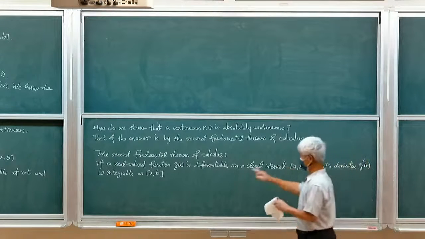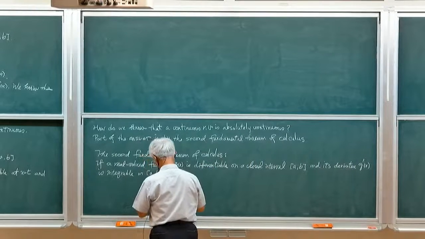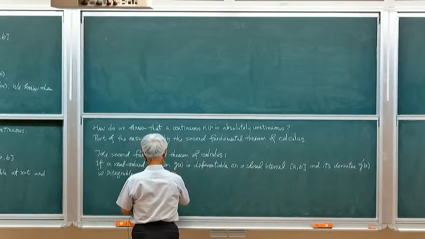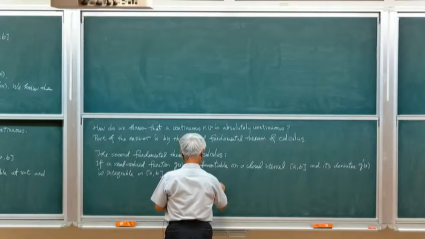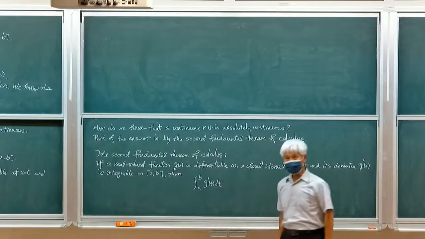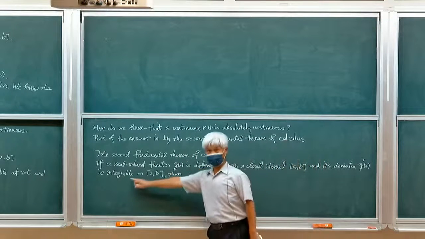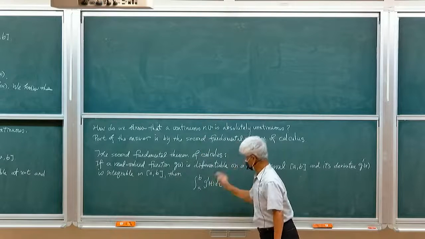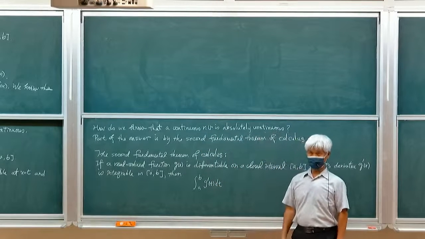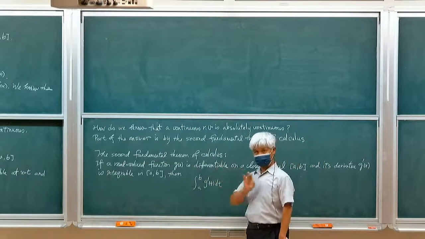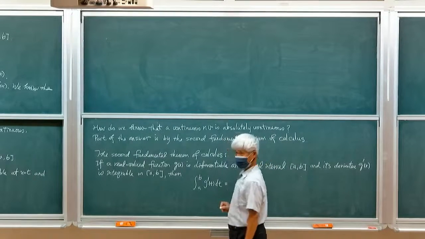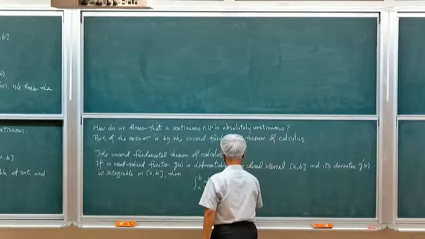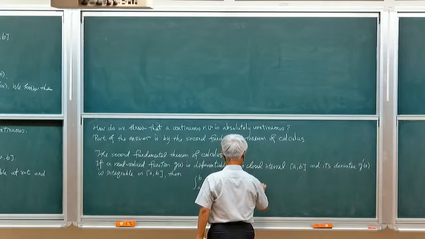Then, because it's integrable, when we integrate the derivative over the closed interval from a to b, we get a result. This result is g(b) minus g(a).